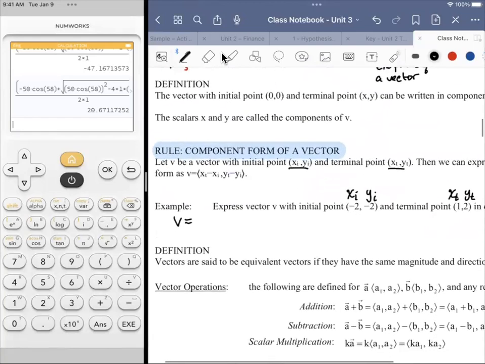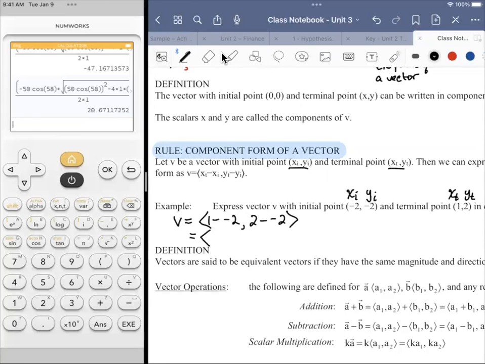Okay. So in this case, again, it's this formula here. So 1 minus -2. Feel free to just make that a plus. And 2 minus -2. The triangular brackets there, that's the notation. That's how we represent that the coordinates we're stating are the components of a vector.